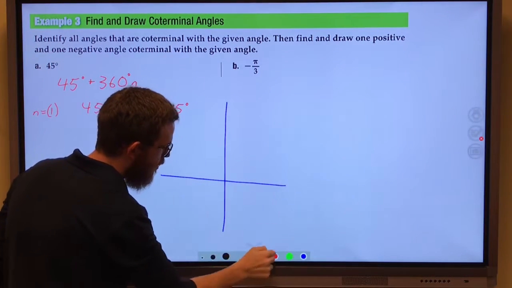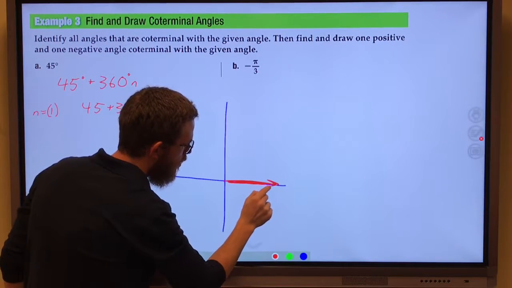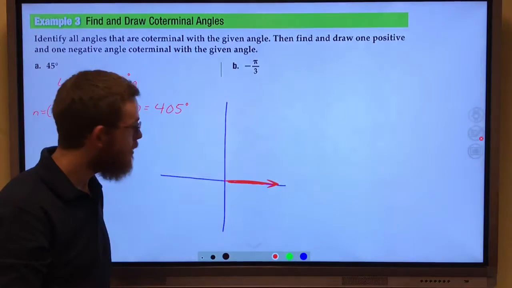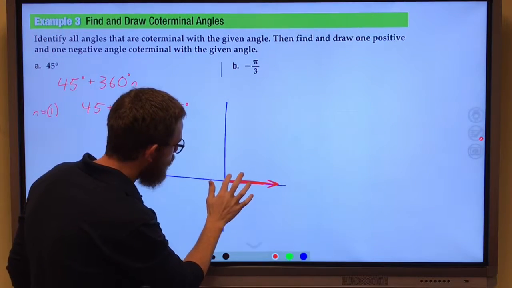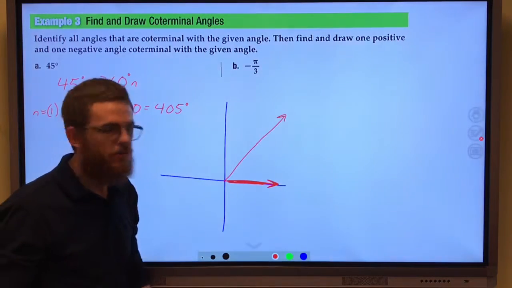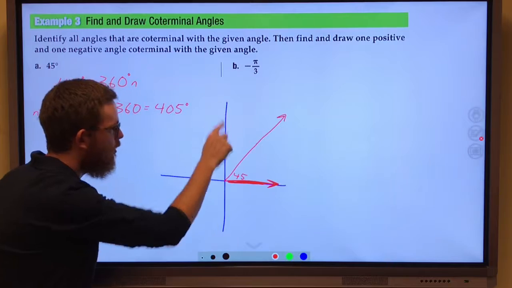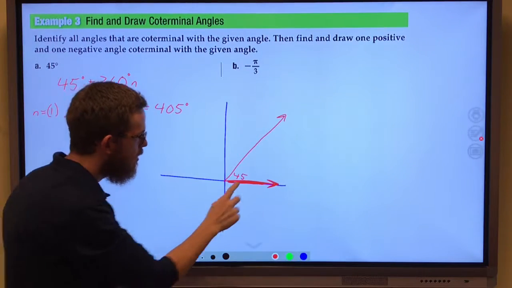If we think about the way this looks, there's our initial side. 45 degrees would be right there. Don't act like you don't know where a 45 degree angle is. This is an entire 90 degree angle going up the y-axis.